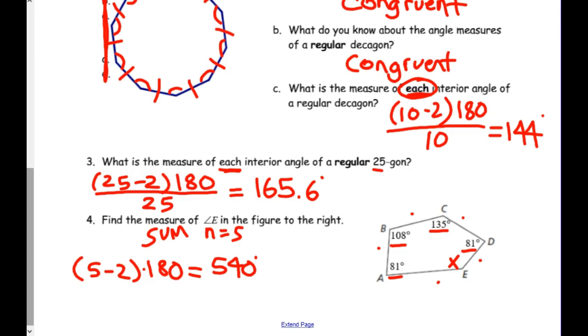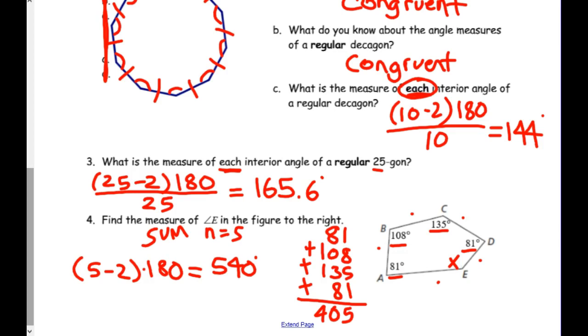What is 81 plus 108 plus 135? Let's show my work here. Plus 108 plus 135 plus 81 again. And what do we get? 405. 405. All right. So now I got my added up angles.